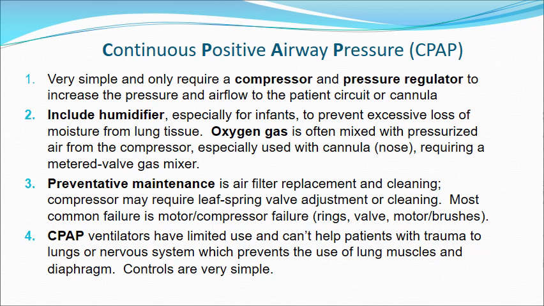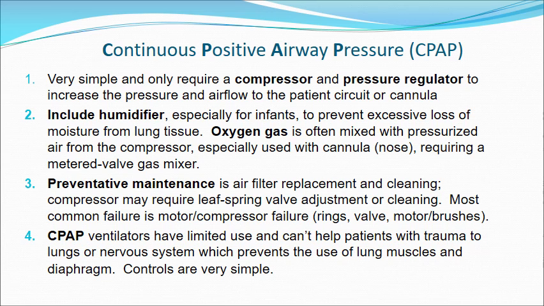So an adult CPAP is also relatively simple and requires either a compressor or a turbine and a pressure regulator to increase the pressure and airflow to the patient circuit or cannula. Now, in the infant CPAP, we call it a bubbler because it's actually the air bubbling through a liquid which applies the pressure.